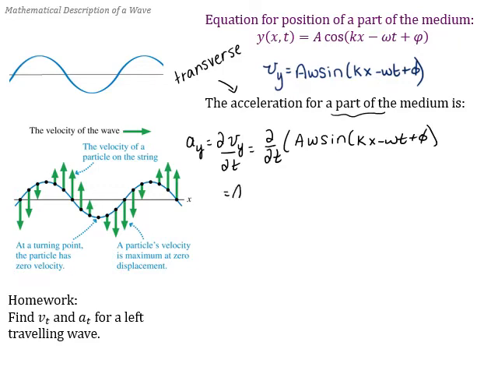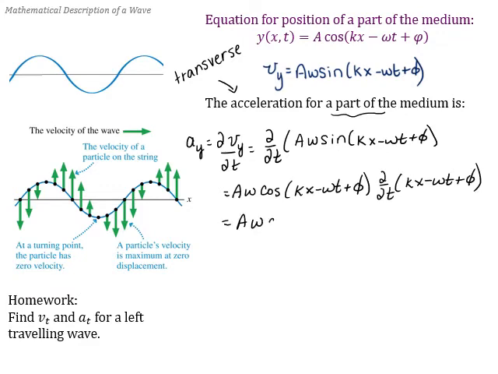So we take our A outside, take our omega outside. We've got the derivative of sine. The derivative of sine is cosine with the same argument. Going through this a little bit more quickly because it follows the same as previous. Then we still have to do our chain rule, which says we're taking the derivative of the argument. And the derivative of the argument, again, is just going to be minus omega.